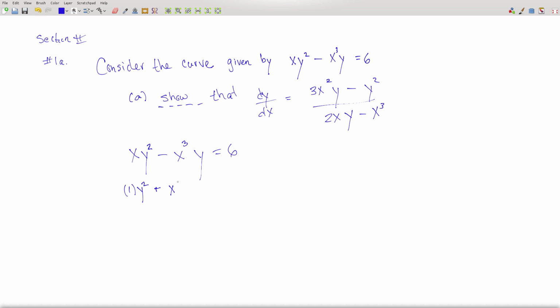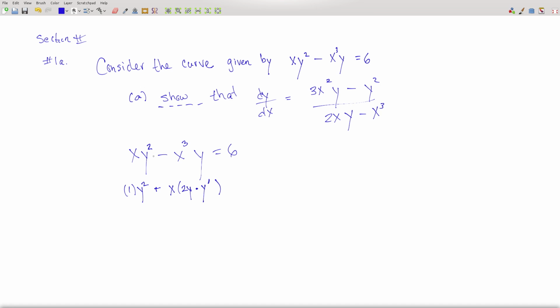Well, it's going to be 2y, and then 2 minus 1 is 1. But remember, y itself is some function of x, so I have to use the chain rule and multiply the 2y times the derivative of y.